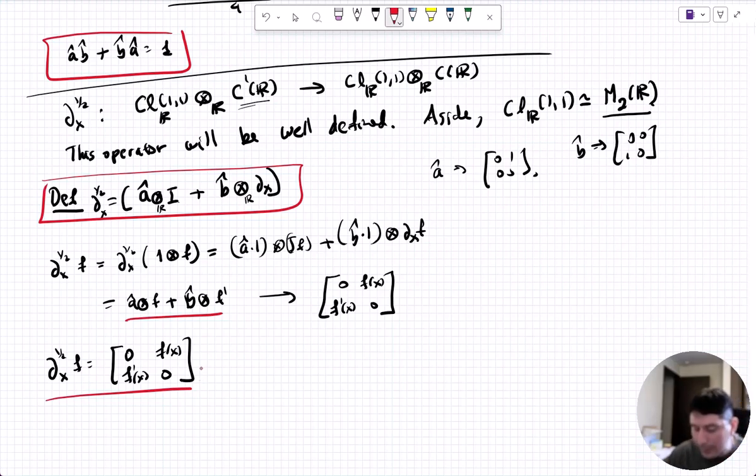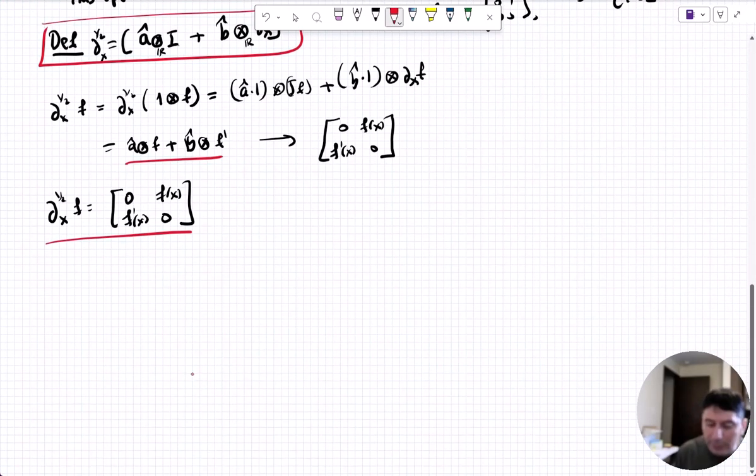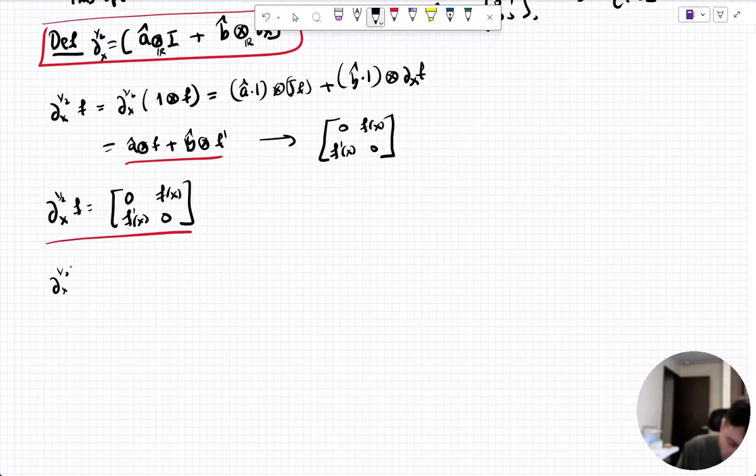Now let's go ahead and apply the operator to itself, right? So let's do the square root squared acting on f. That's going to be A tensor I plus B tensor derivative operator acting on A tensor f plus B tensor f prime.